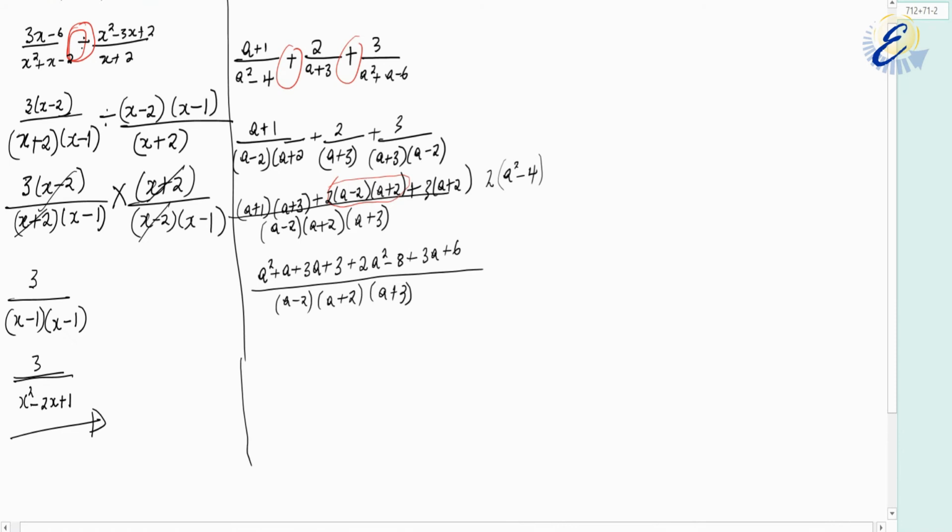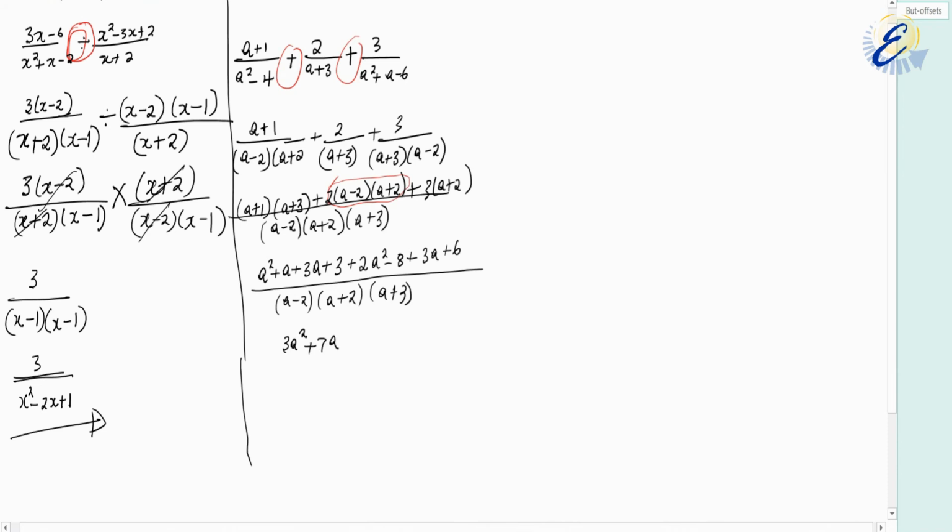This is how we solve the fractions in addition and subtraction. Now, let's simplify further until we reach the stage where it is not simplified. Now we take the like terms. This and this are like terms. It will give you 3a squared. This and this is 4 plus 7, plus 7a.